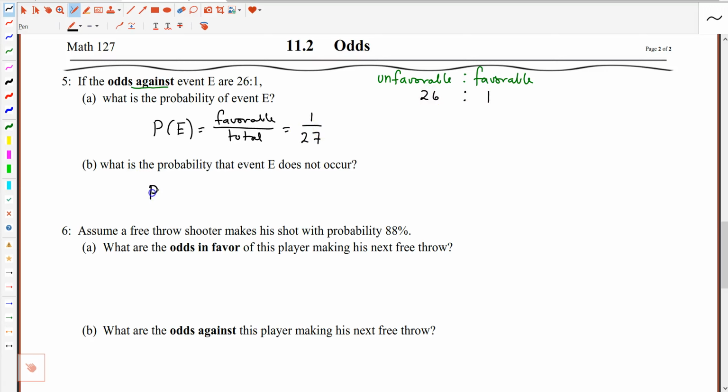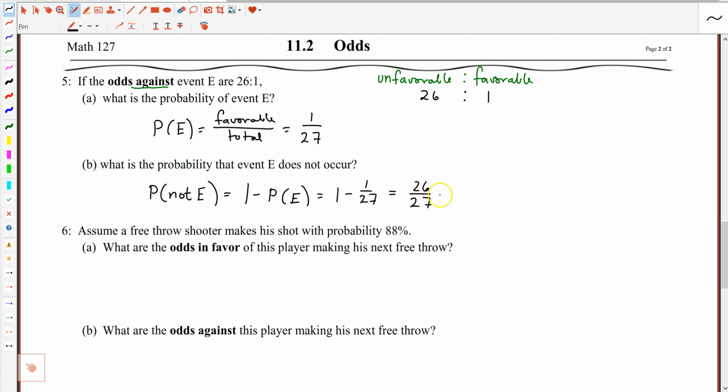Now what's the probability that event E does not occur? Well, we can use the idea from the previous section that the probability that the event does not occur would be 1 minus the probability the event does occur. That's one way we could compute this, because we have this probability. So we could say the probability it does not occur would be 1 minus 1 over 27, which would be 26 over 27.